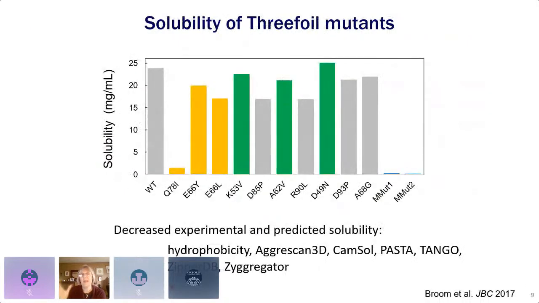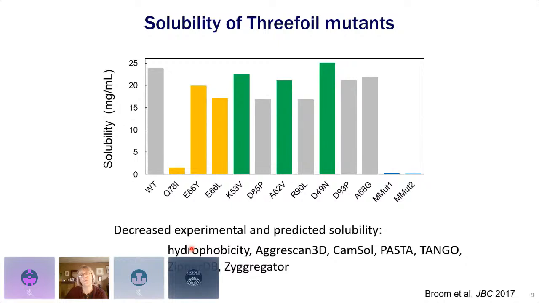Okay, so we made these stabilized mutants, and this brings me to the solubility aspect. What we found is that compared to the wild type, the single mutants were mostly good. The slightly stabilized ones maybe even were a little more soluble. But the point mutants all started to tend to be less stable, Q78I in particular, and our multi-mutants are terrible. So this was a hassle in making folded protein because it actually expresses in inclusion bodies.